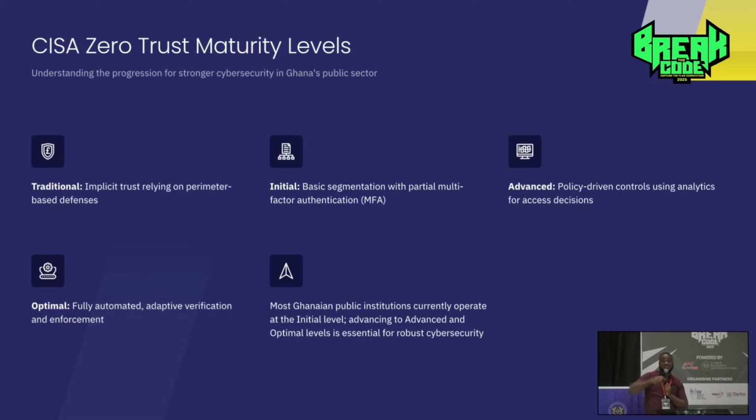Private sector, because of the regulations, and it is funny, the regulations are by the government, but most of the government institutions are not actually complying. They are mostly on the private sector. I can tell you for a fact, because I've been at the bank before, the private sector, especially fintechs, banks, insurance, and the rest, are at the advanced level.